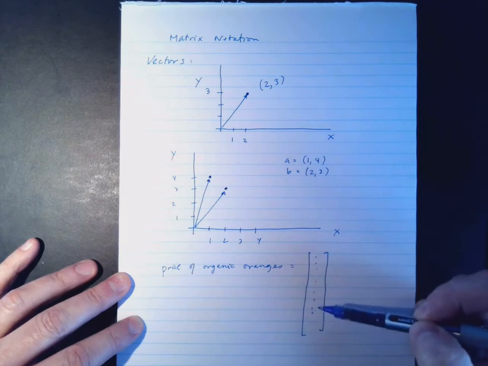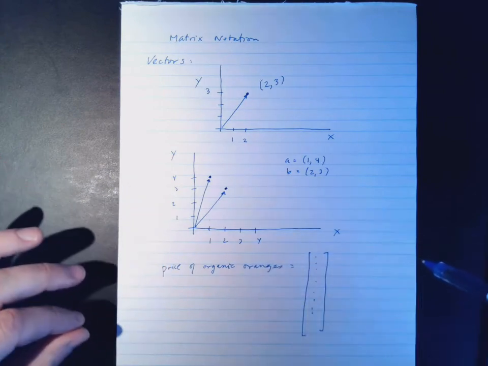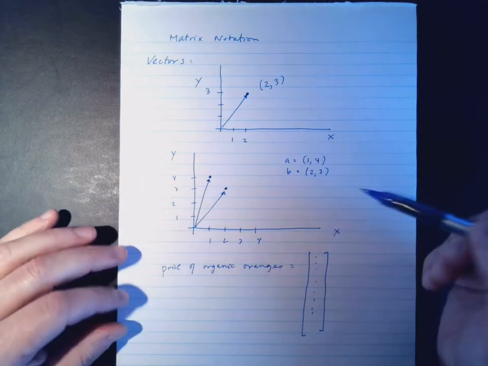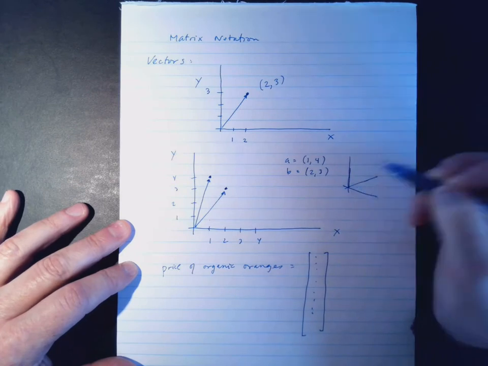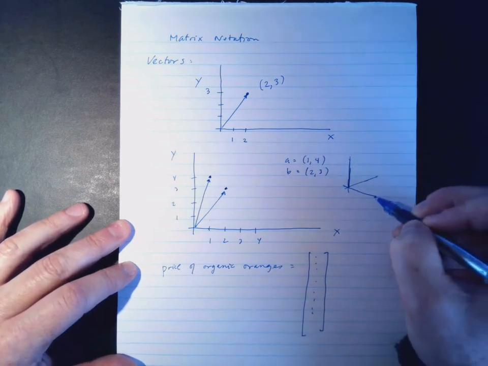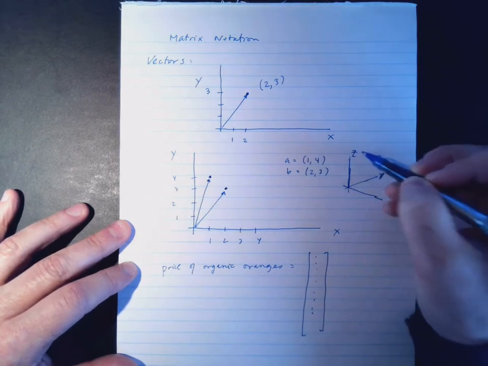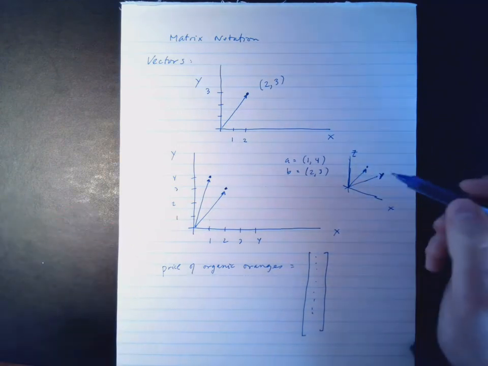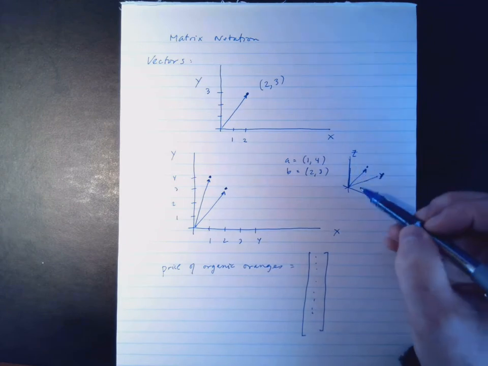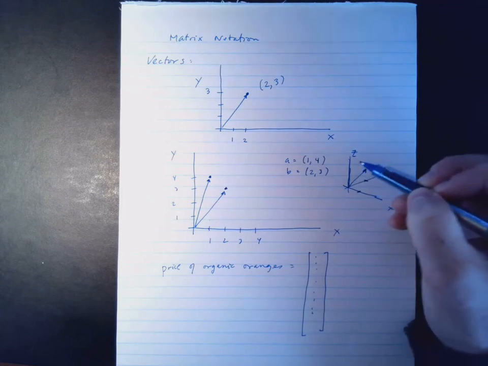You wouldn't be able to draw it, though, because it requires a graph with 100 axes. We can only draw graphs with 3 axes, because more than that, you can't picture it. So if you have the x direction and the y direction and the z direction, then you might have a point in space like that, and you could describe that with 3 numbers: a distance along the x direction, a distance along the y direction, and a distance up the z direction.